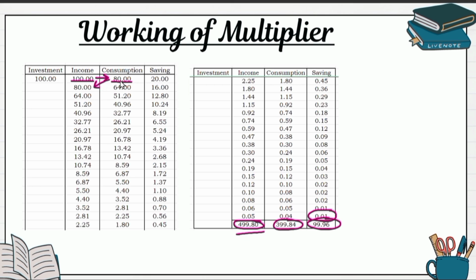And when I am going downward, the downward sloping arrow indicates increase in income due to increase in consumption, because 80 crores is spent on consumption and it is the other person's income. So the 80 crore increase in income is due to the increase in consumption.